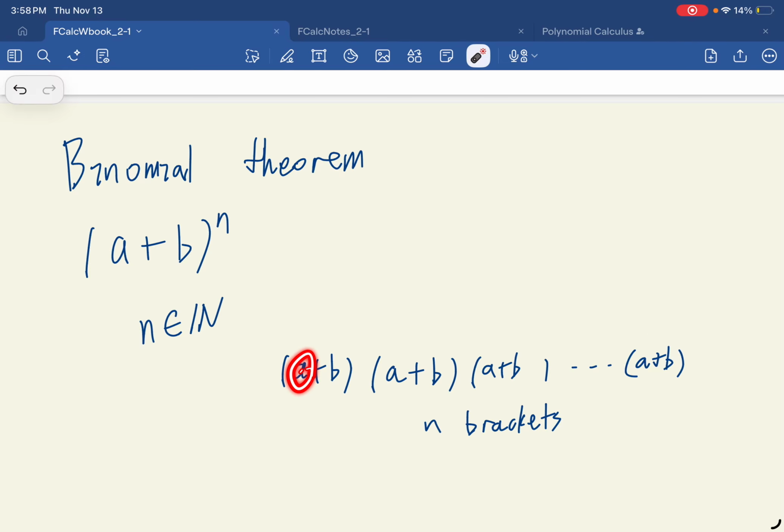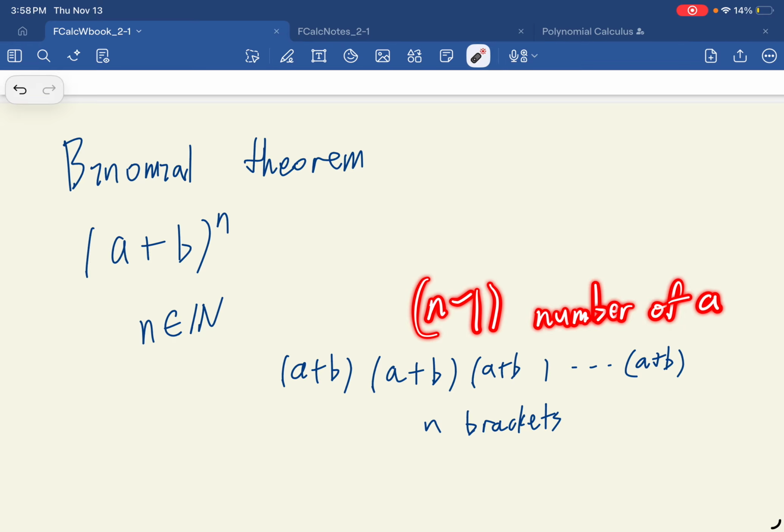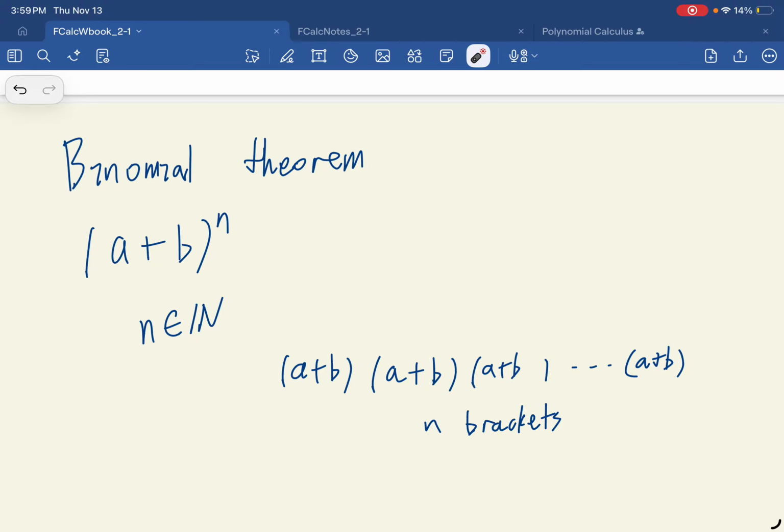If I choose, let's say, n minus 1 number of A's, then the rest I'm forced to choose 1 B, right? So n minus 1 A's and 1 B, because I have to choose something from every bracket so I can multiply it all. That would get me A to the power of n minus 1 times B, right?